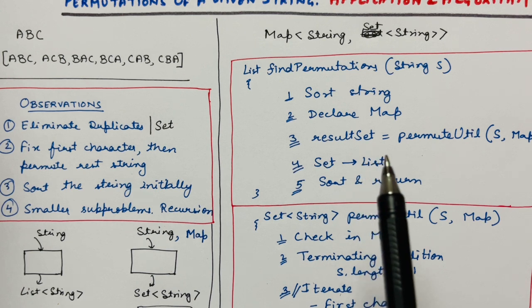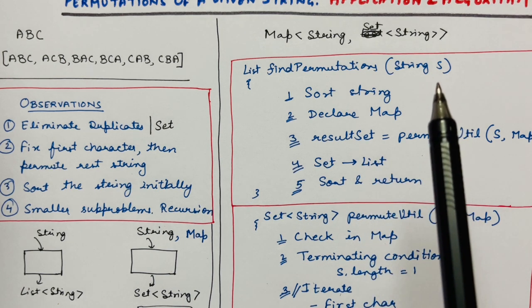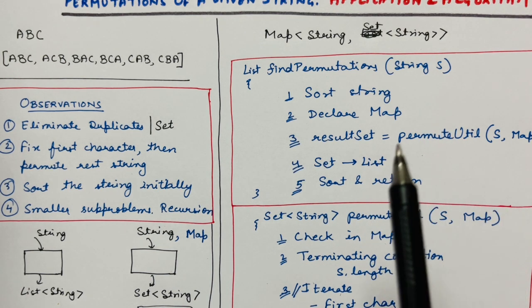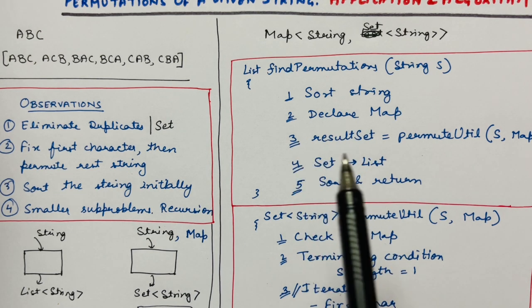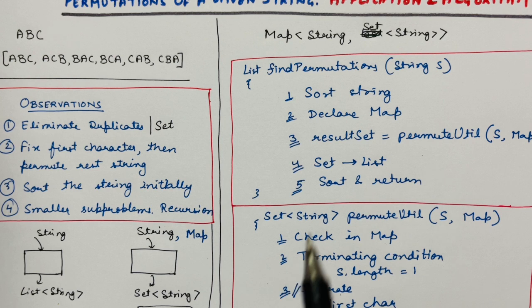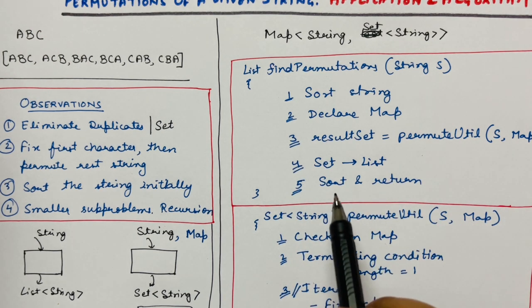Then we will call our recursive function with the original string as input and the map, which is empty, in step 2. We will get this in the form of set, but set is unordered. So we need to convert it into list. So we convert this set to list and then finally sort and return. Why do we sort? Because we need the results in lexicographic order.